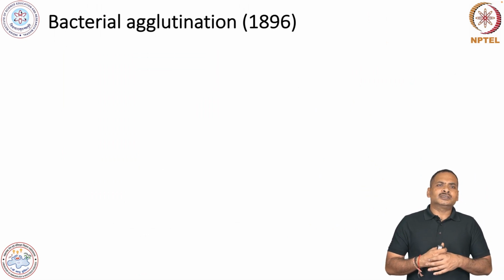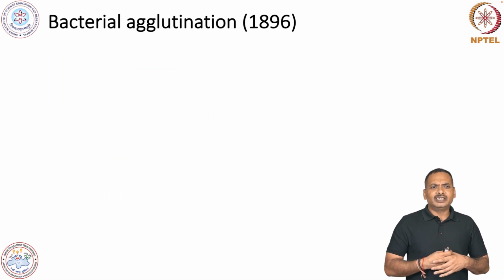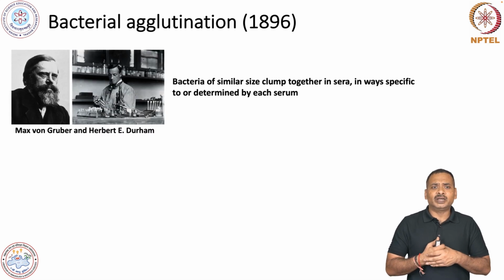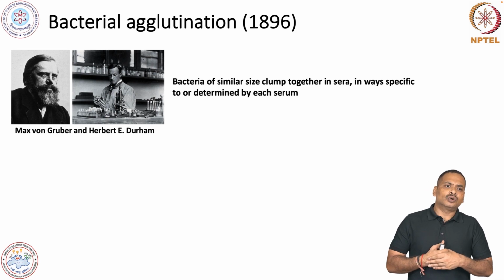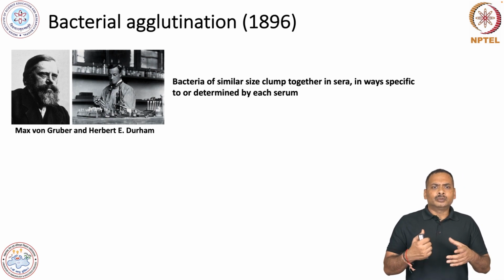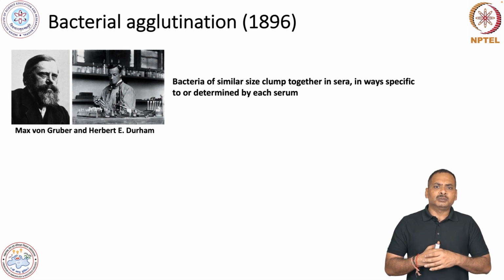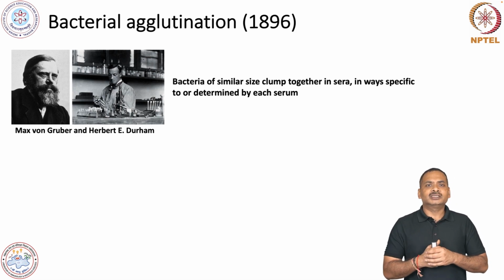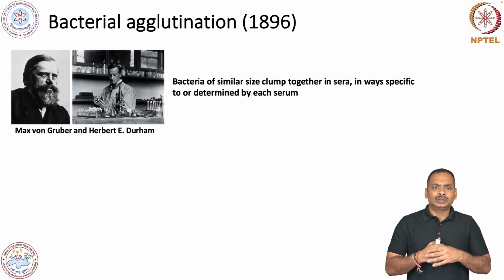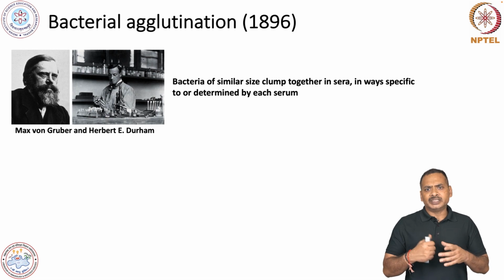Thereafter, there was other work in 1896 in which agglutination of bacteria was shown by Max von Gruber and Herbert Durham. They showed that bacteria of similar size clump together in sera in ways specific to or determined by each serum.